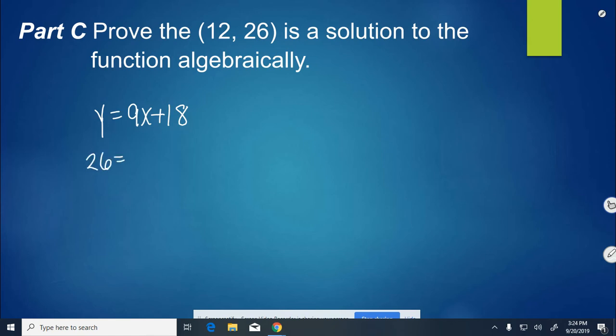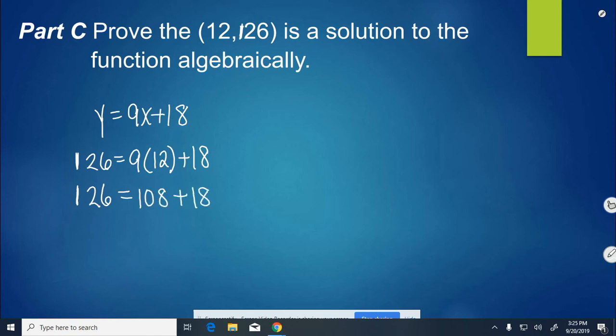So 126 equals 9 times 12 plus 18. 126 equals 9 times 12, which is 108, plus 18. And 108 and 18 is 126. So it is true, and we've proven that it is a solution to the graph. All right, let's keep on going.